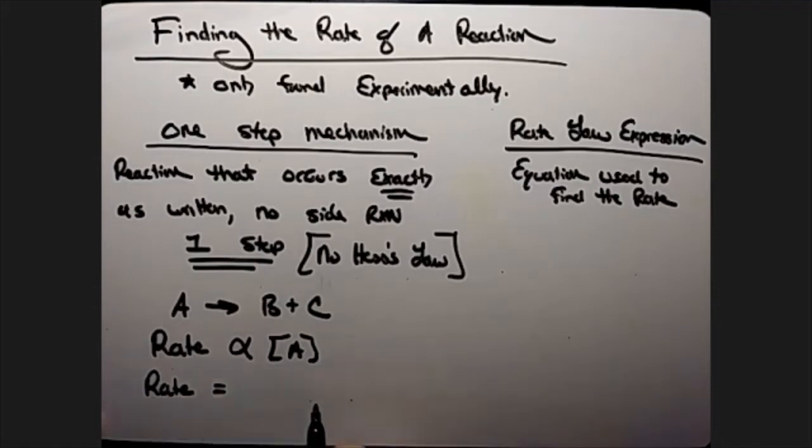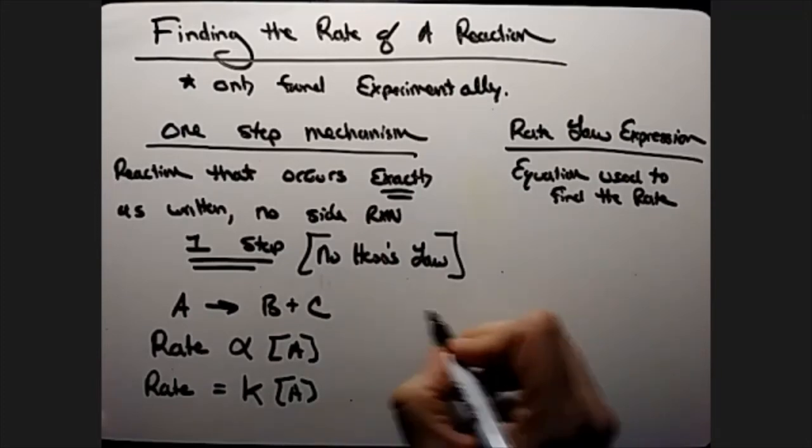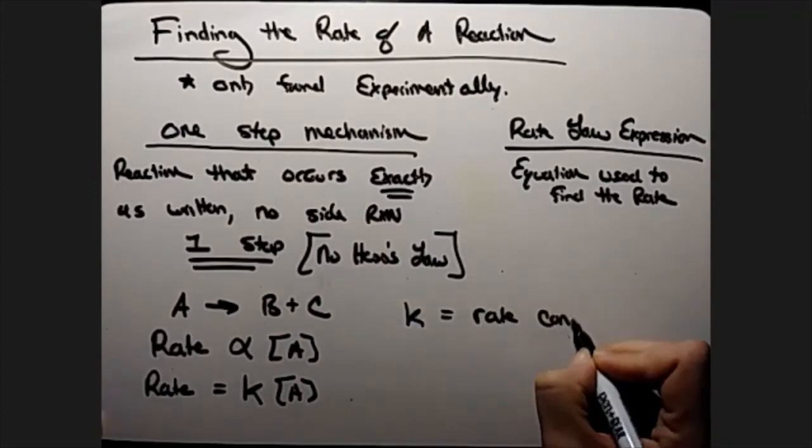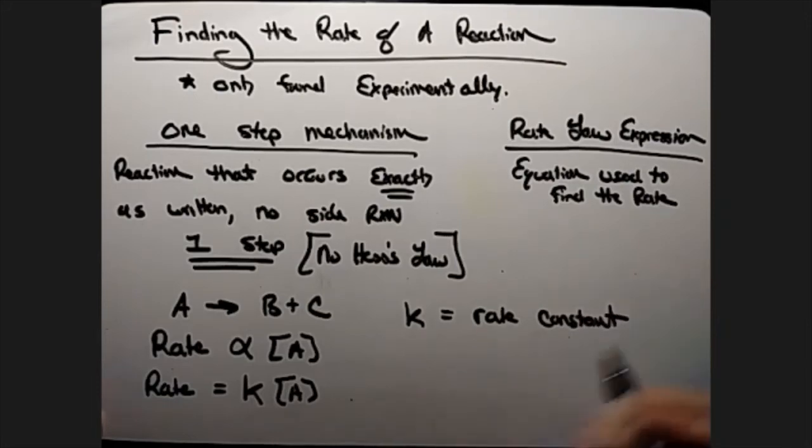But to make sure that this expression can always be true, I often have to add in a little fudge factor. And that's what this is going to be about, the factor K. Now, K is what we call our rate constant. And again, it's just a mathematical fudge factor that constantly is going to make this equation make sense and make sure that it's good to go.